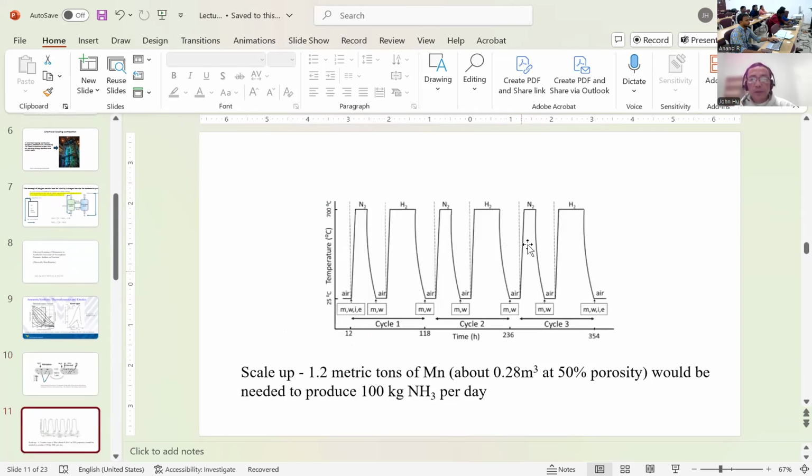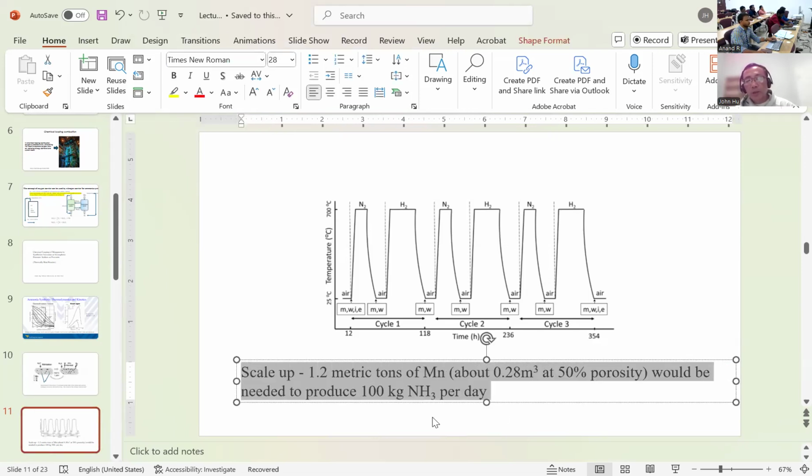This is shown in the paper. Several cycles can be done. I think this is going to be the homework I want you to calculate. Tomorrow we will go through this: read the paper and see if you can come up with the same calculation. The paper says that to scale up a reactor, if you produce 100 kg ammonia per day, you need 1.2 ton of manganese.